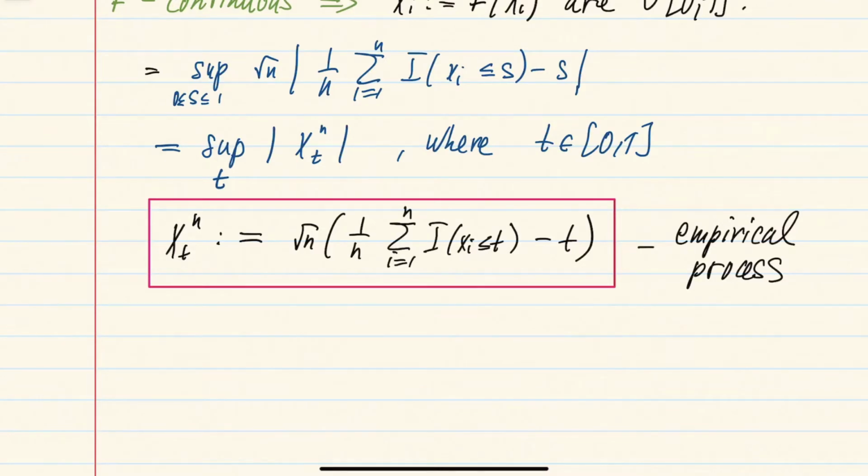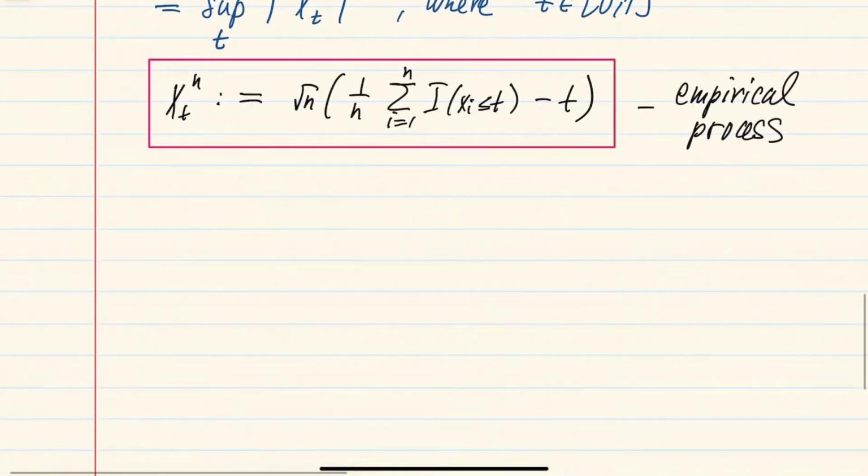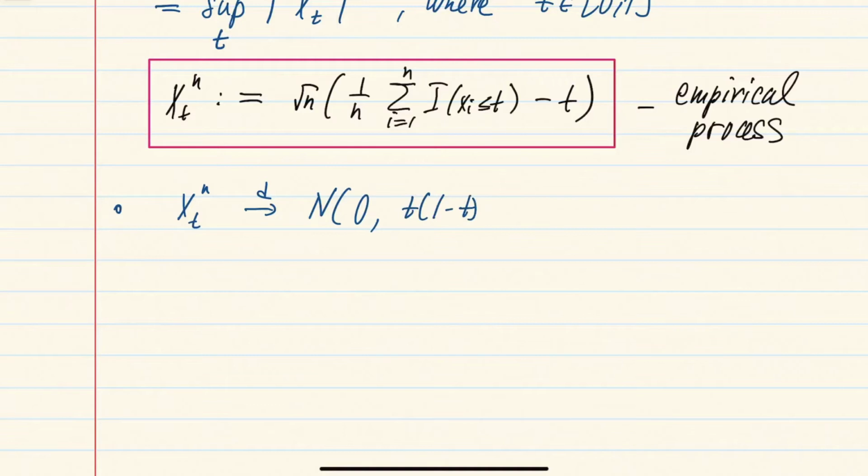First of all, by the central limit theorem that we already mentioned above, just specialized to this uniform case, that's exactly the scaling in the central limit theorem. So for any fixed parameter t, its distribution will converge to a Gaussian with variance given by t times 1 minus t.